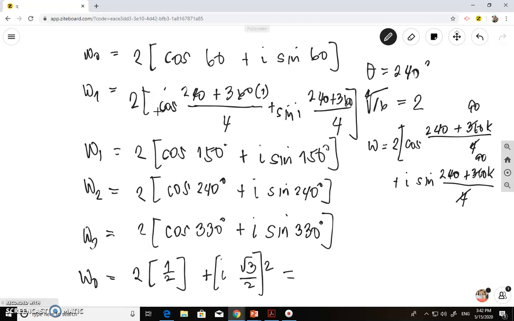So therefore, we cancel out this one. We will have 1 plus square root of 3 i, okay? If you want to simplify it further, you will make this one the same as here. So what is cosine, what is sine, and then you multiply by 2. The same as on the third, and then on the fourth, we have the value of k, which we start from 0, 1, 2, and 3.